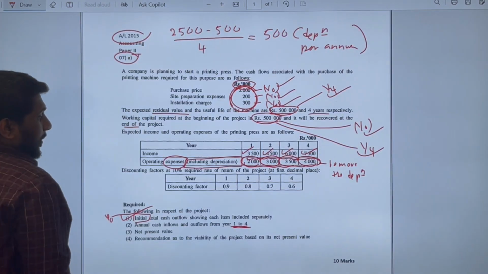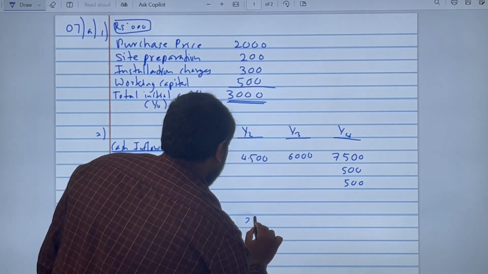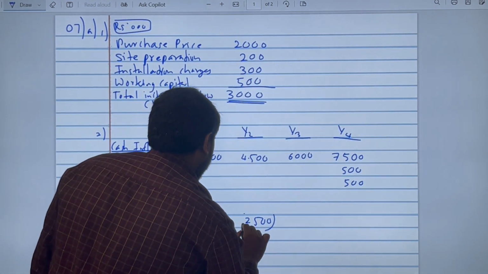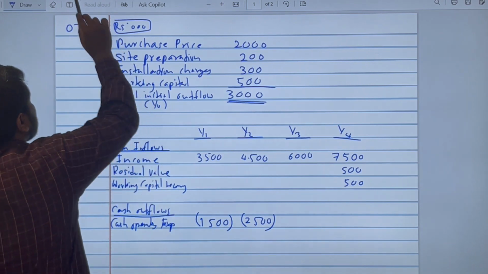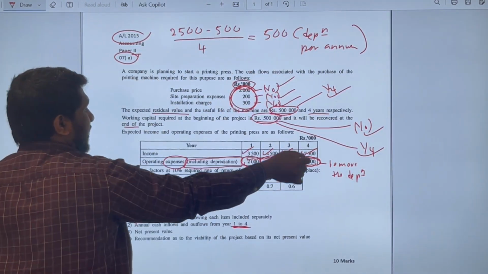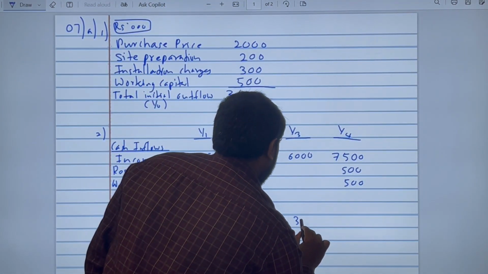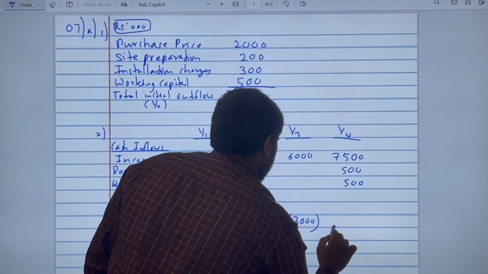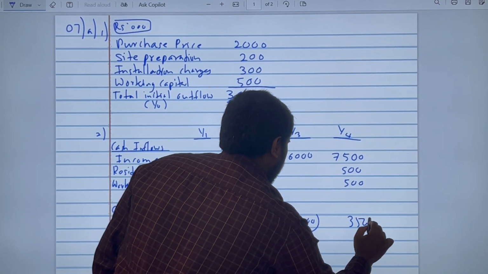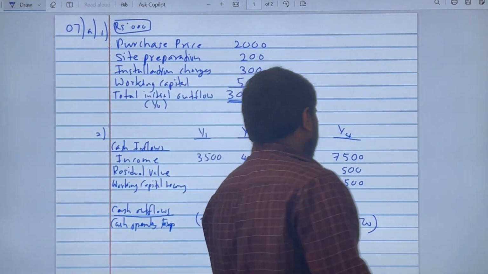Then 2,500, then 3,000 and 3,500. Remove 500 from each. Done.